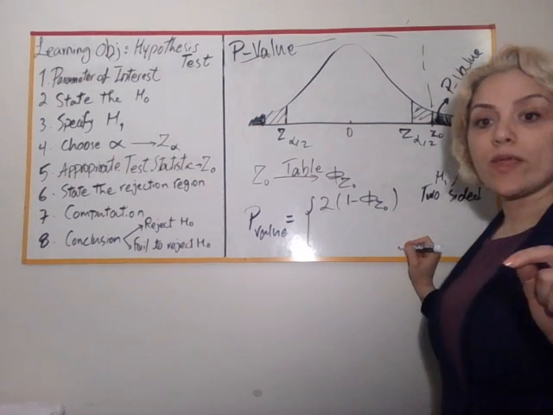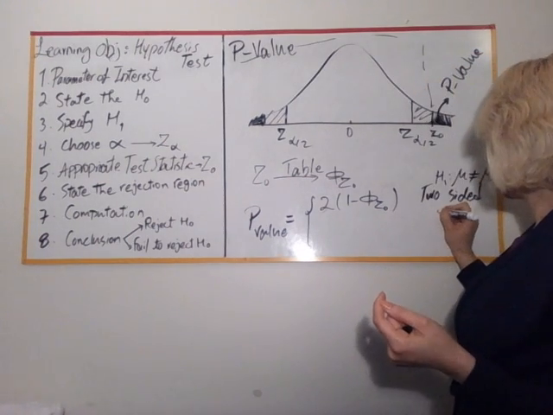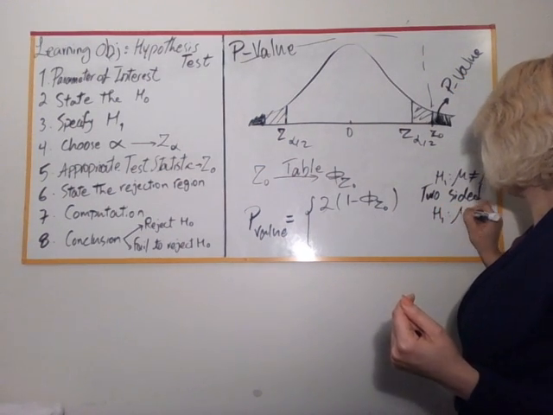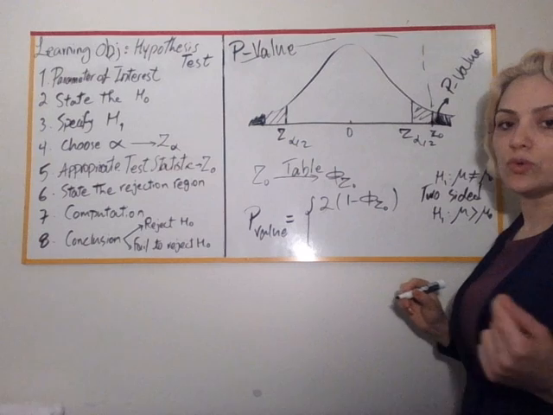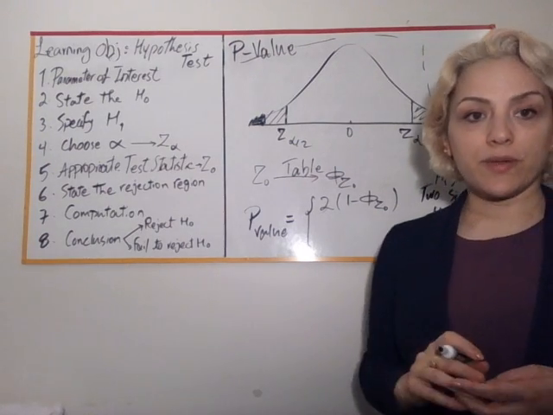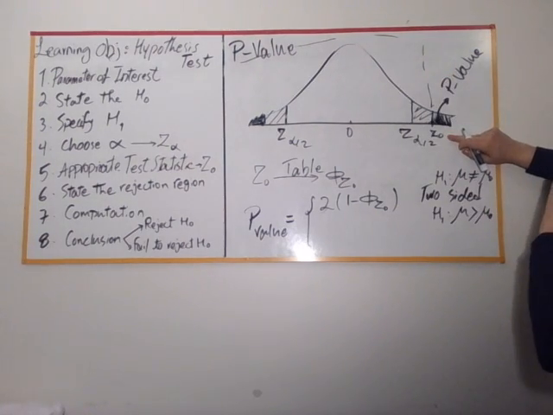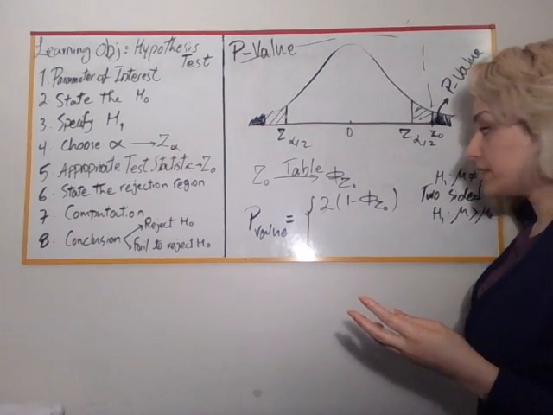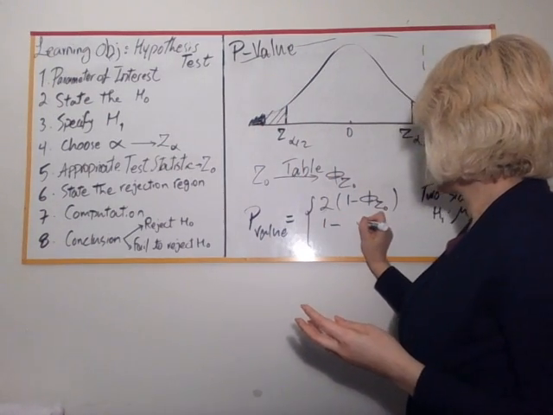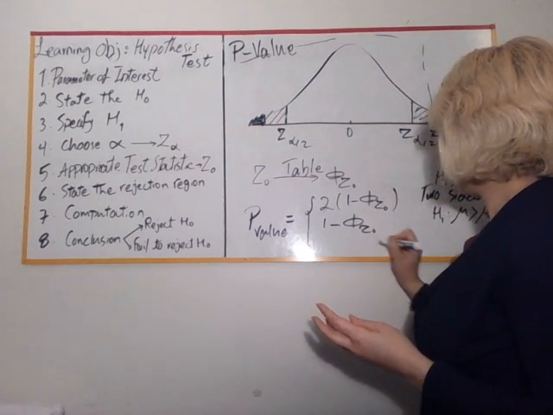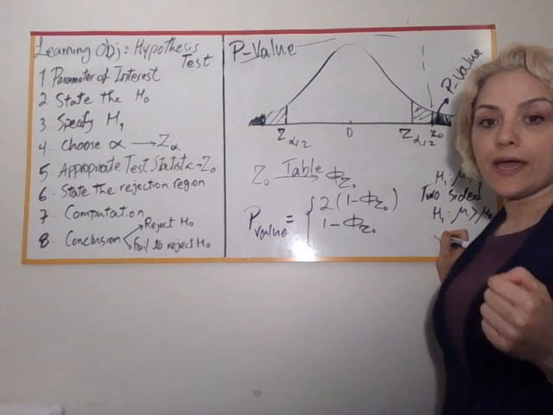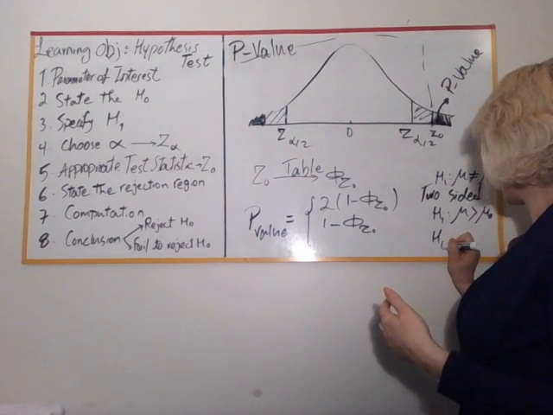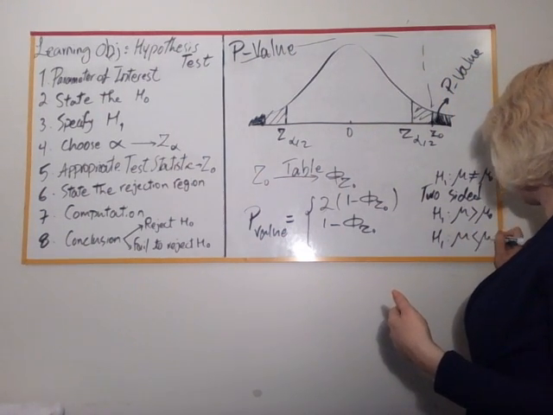If it's upper-sided, H1 is that mu is greater than mu null.